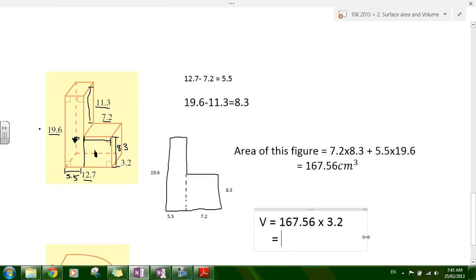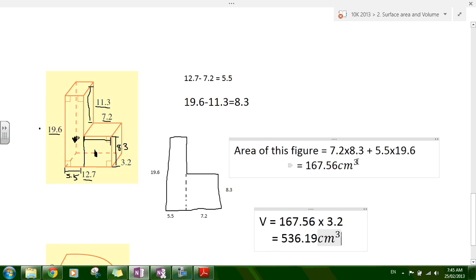We can work that out, and that is 536.19 cubic centimeters. And I realize that I've made an error. The one before is not actually cubic, it is an area, so it needs to be squared. This one is the volume, so hence it's cubic. Alright?